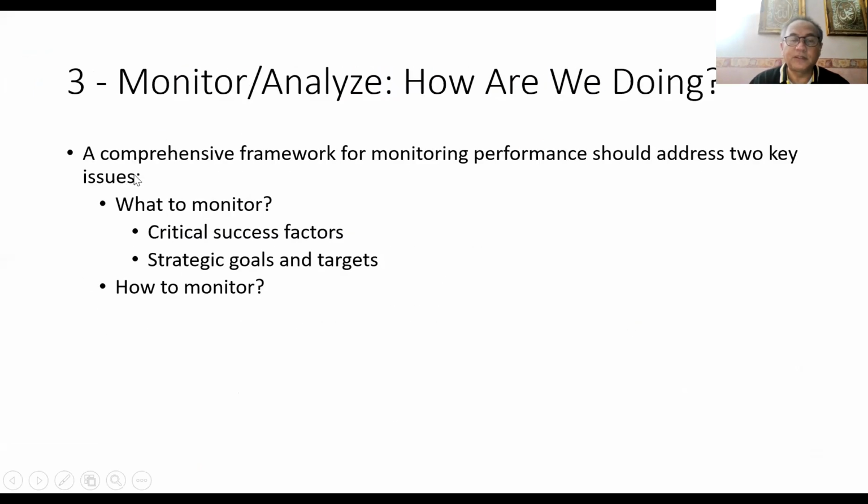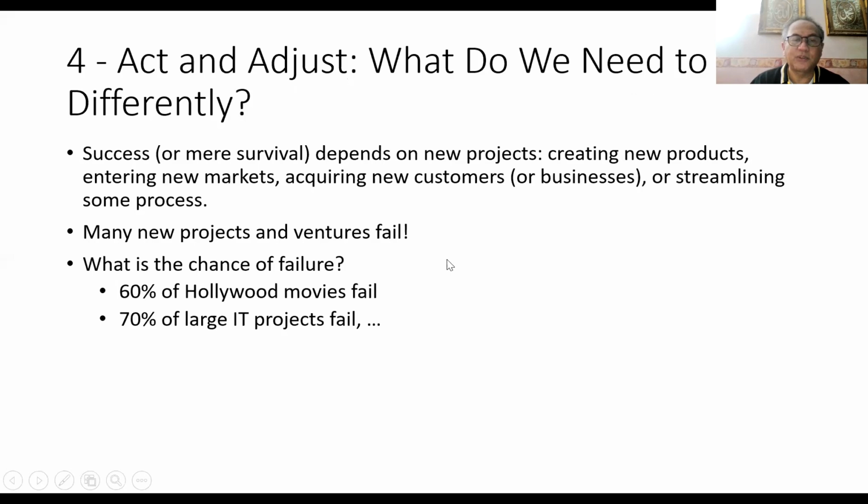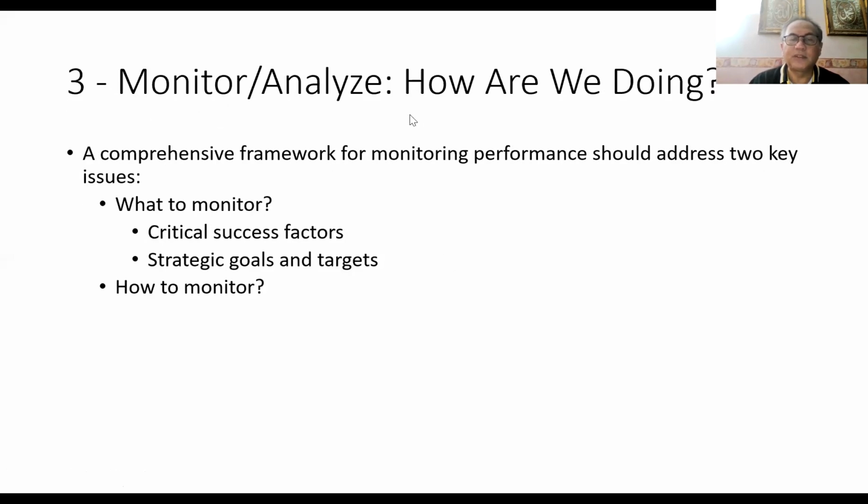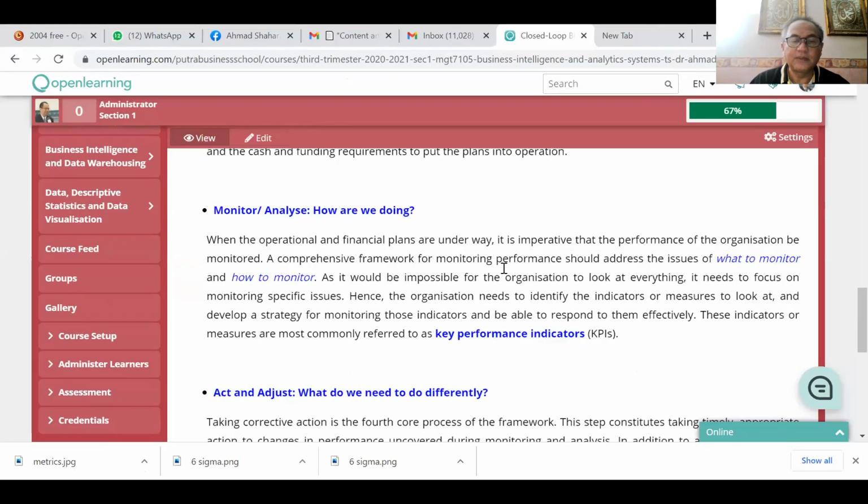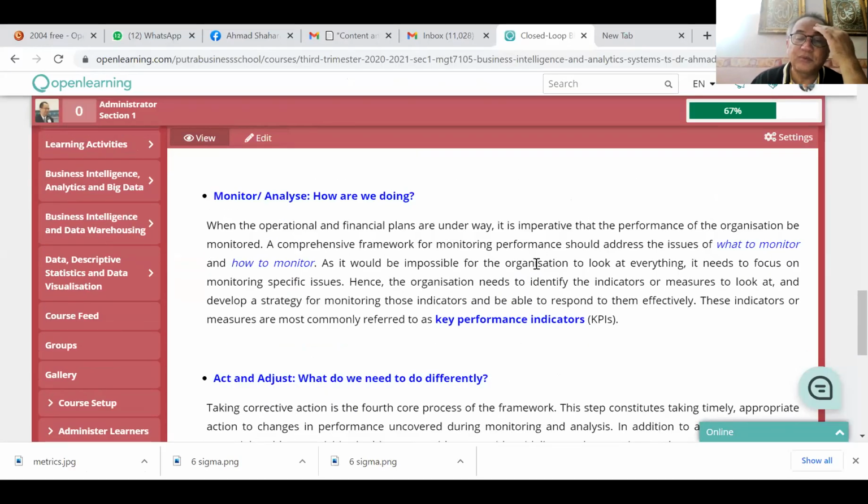It is a comprehensive framework for monitoring performance. It looks into two key issues: what to monitor, your critical success factors, strategic goals and targets, and how to monitor. So it would be impossible for the organization to look at everything; it needs to focus on monitoring specific issues.